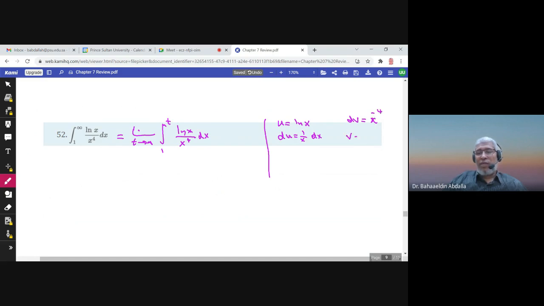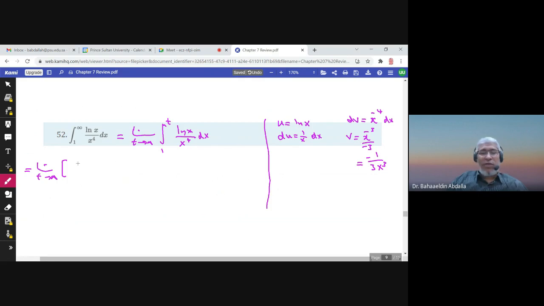And integrating this, I'll have x to the power negative 3 over negative 3. And this is in fact negative 1 over 3x to the power 3. Okay, so this integral would be u times v, so I will have limit t goes to infinity of uv.